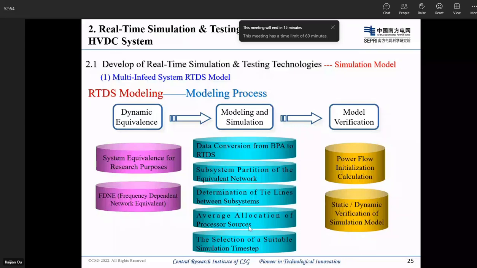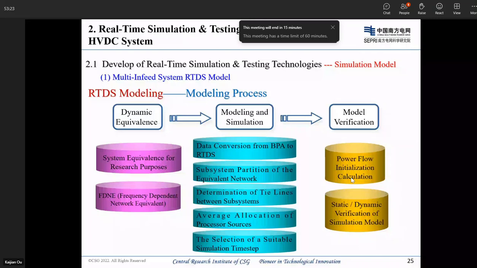Then we set up the simulation model and simulation, and after that we check whether our simulation model has some problem.